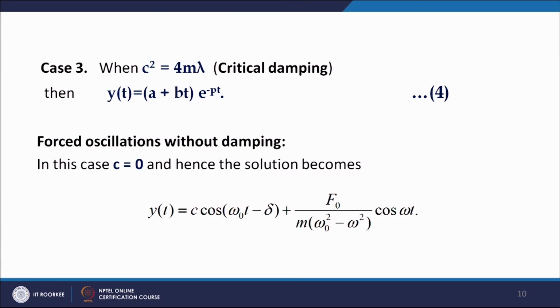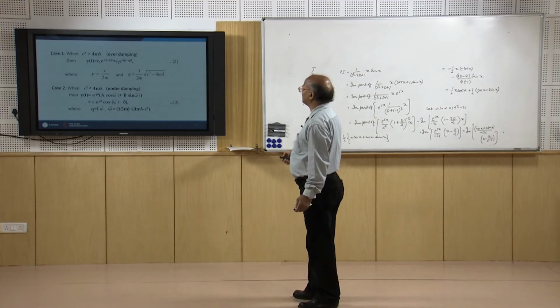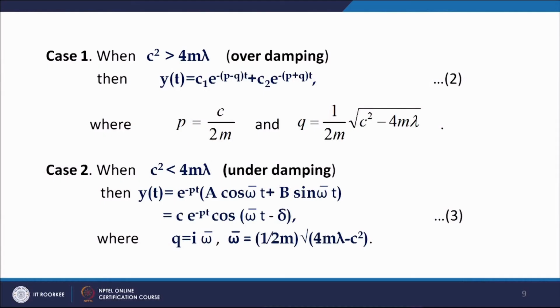And when c is 0, c square is 0, so 0 will be less than 4 m lambda, and therefore y h(t) will be equal to C e to the power minus pt cos omega bar t minus delta. So we will get this as C times, because p is equal to 0 here, since c is 0, C times cos omega bar t minus delta.